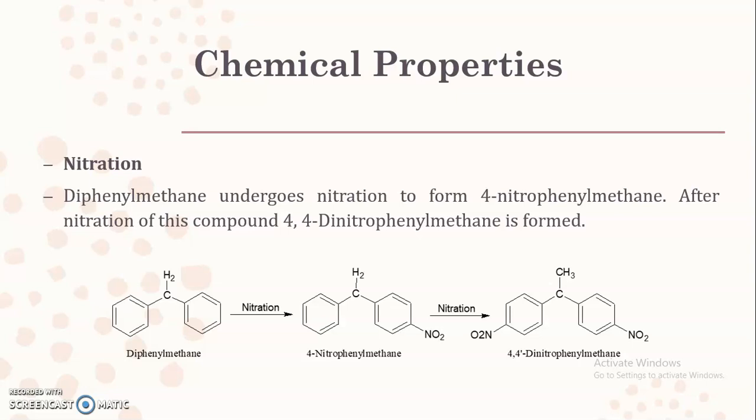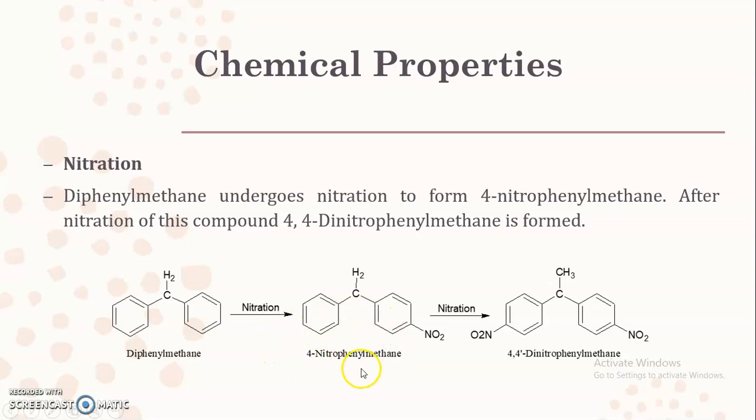It accumulates at the ortho as well as the para position, and the incoming electrophile, which has a positive charge, is attracted towards the negative charge placed at the ortho and para positions. That's why the nitronium ion attacks at the para position. This leads to the formation of 4-nitrophenyl methane.